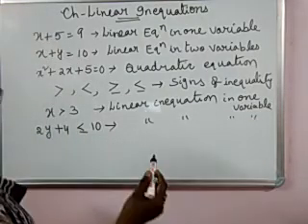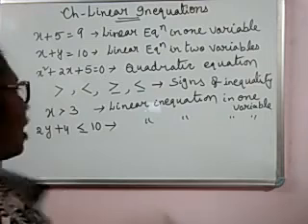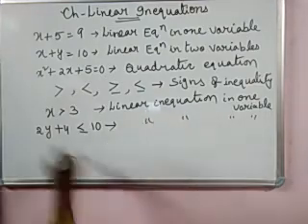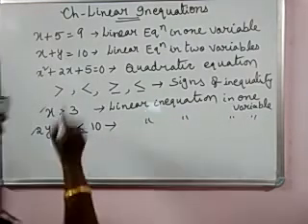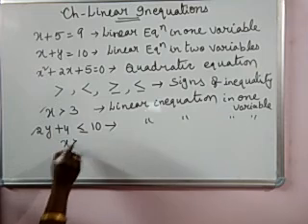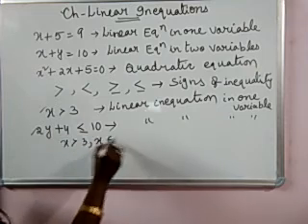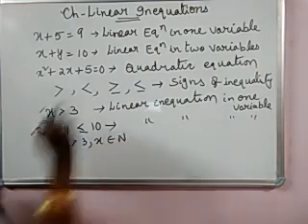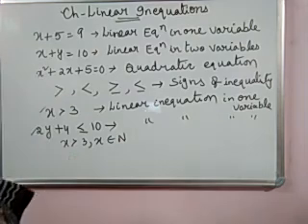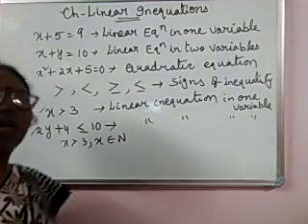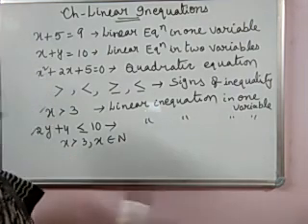So now in this chapter you are going to learn about the linear inequations in one variable. Okay. Suppose x is greater than 3, x belongs to natural numbers. So what are the natural numbers greater than 3? You know that the natural numbers are 1, 2, 3, 4 and so on.